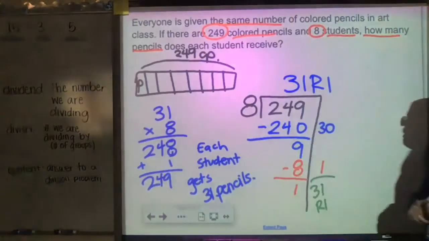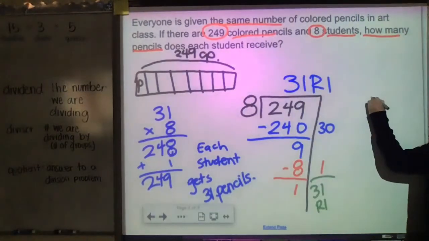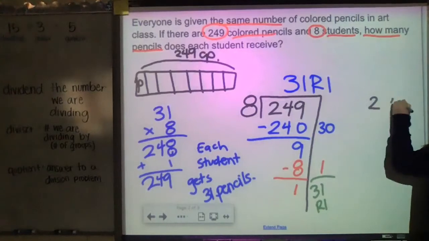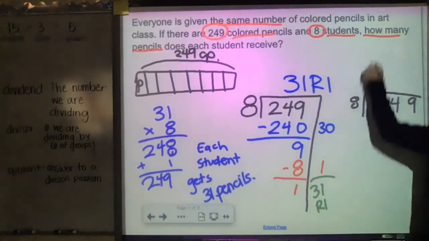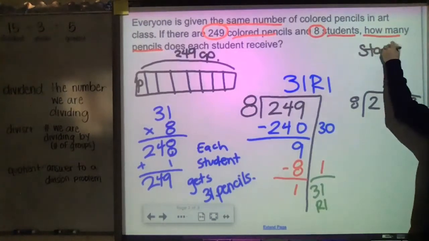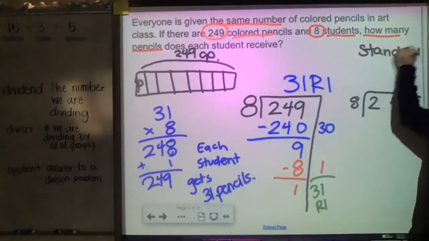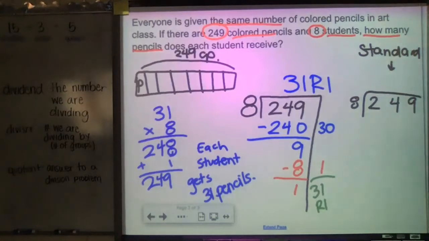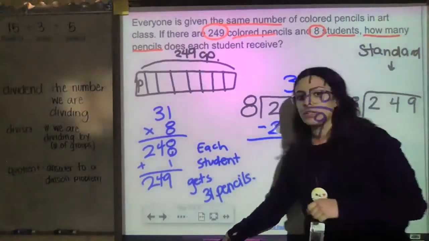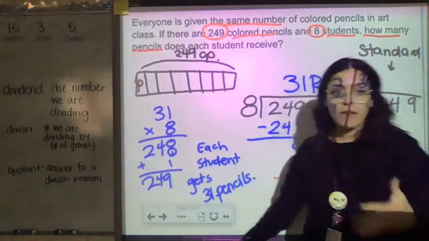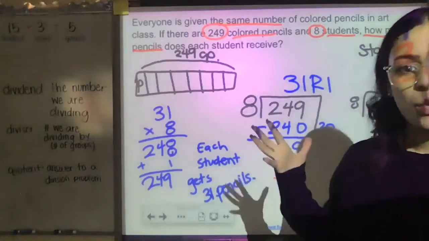Okay, let me do this right beside here, so maybe some of you can visually compare partial quotients with the standard. Right here, okay? So the difference between partial quotients and the standard algorithm is you're looking at it in terms of place value. You don't just chunk everything into ones right away.